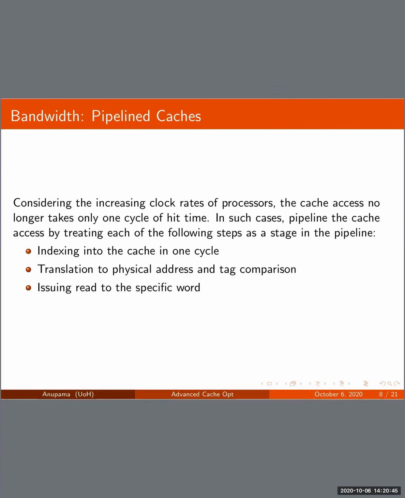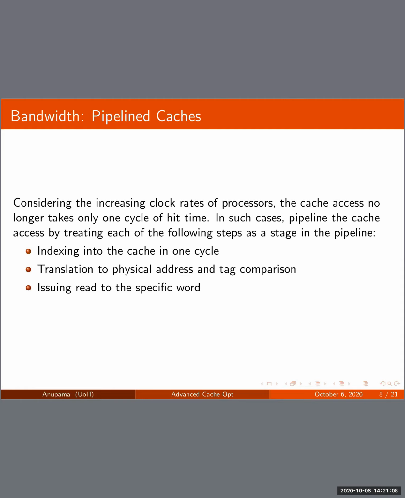After that, you have to match the tags. Once the tag is matched, you have to use the offset to access the specific word or byte you're accessing. So these are the various steps that are involved in the access of the cache.